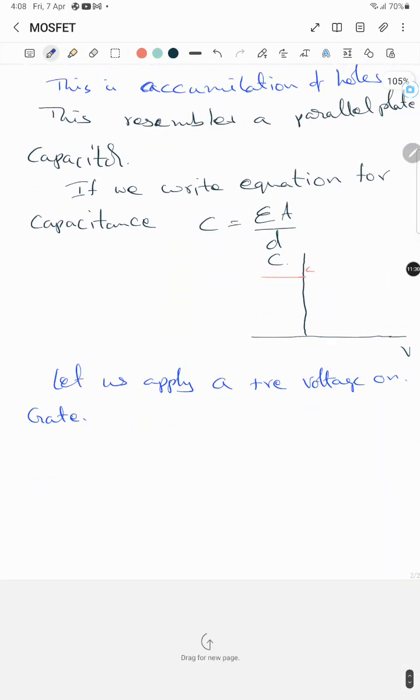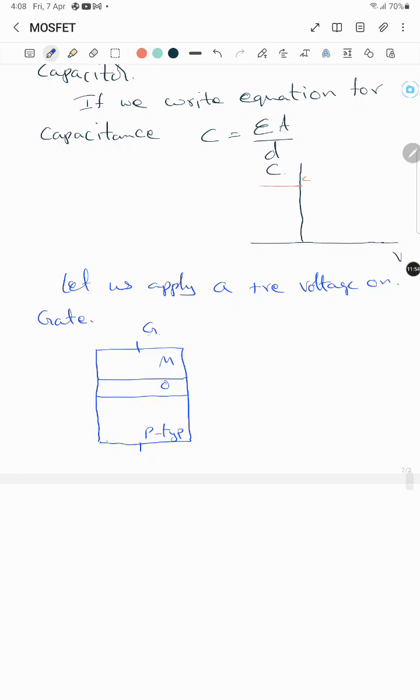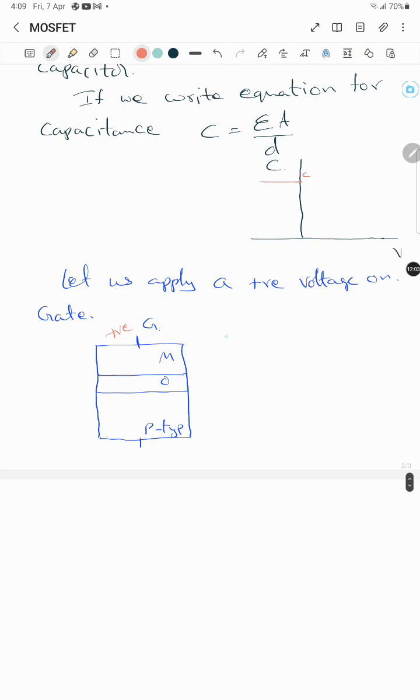Let's draw the MOSCAP again, and we are considering only P-type semiconductor. You can consider N-type also, we will see it later. So this is the gate, metal, oxide, and P-type semiconductor. Now if I apply a positive voltage, the charge in the oxide gets polarized.